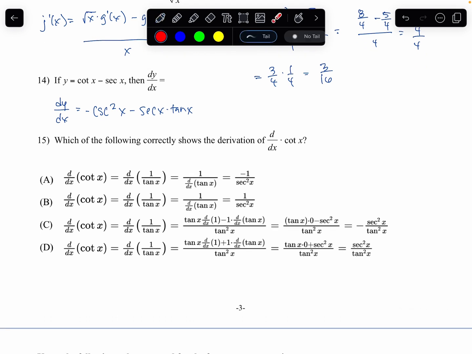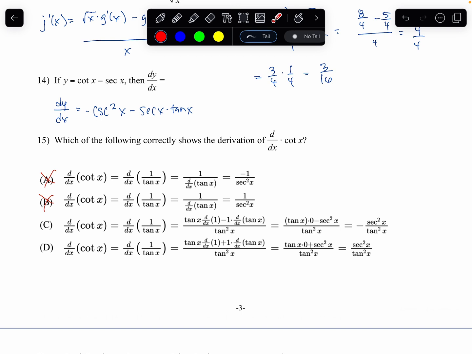So, if I look, they're all the same right here. So, derivative cotangent, okay. Let's check this first one right here. I know that these two are going to be wrong, because this is ignoring the quotient rule.